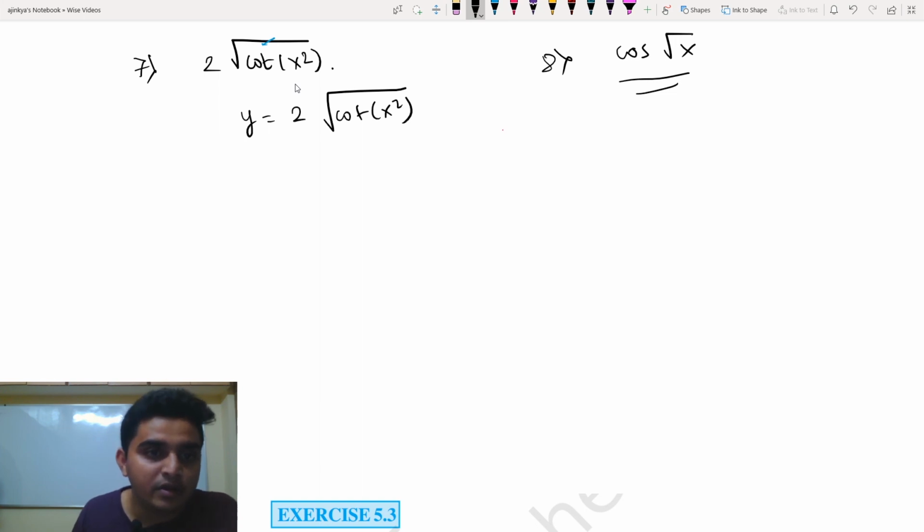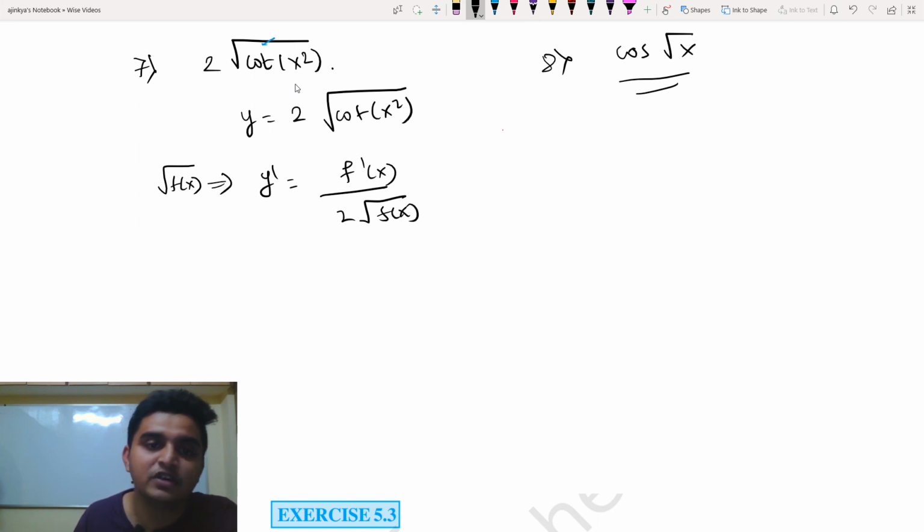When you differentiate any function which is under root, its differentiation is nothing but f dash of x upon 2 root of f of x. So the same function comes down, and you have the differentiation in the numerator with 2 in the denominator.